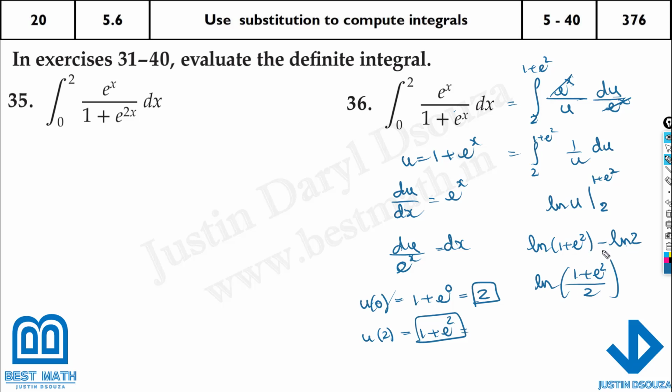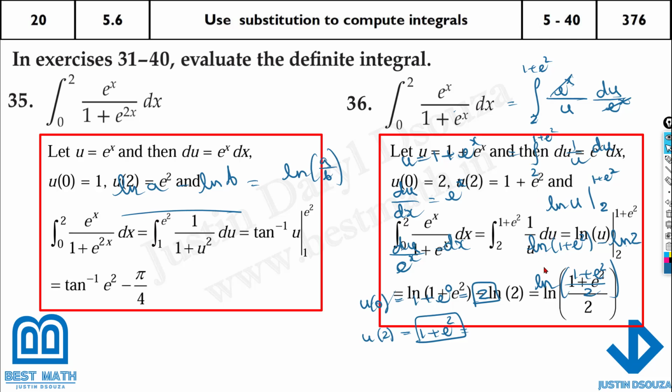This is the simplified form because we are using the rule: ln a minus ln b is equal to ln of a divided by b. So that is what we have applied over here. Therefore, the answer you can see is over here.